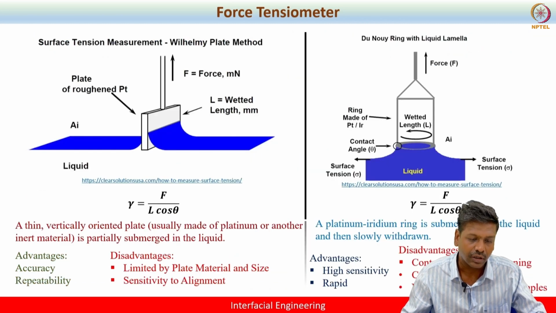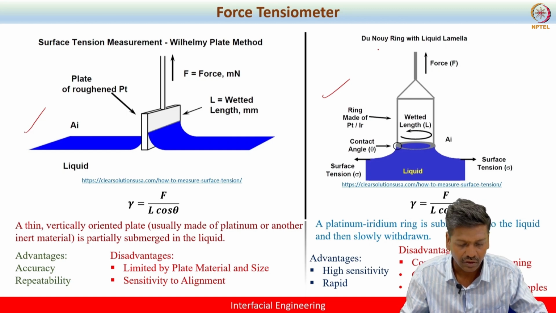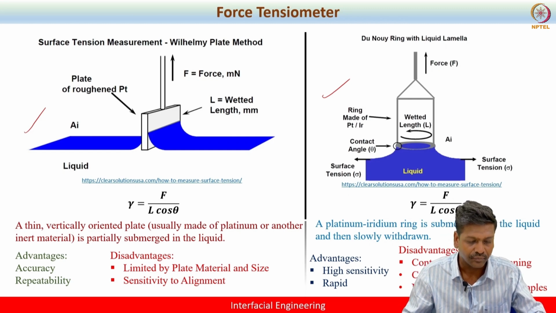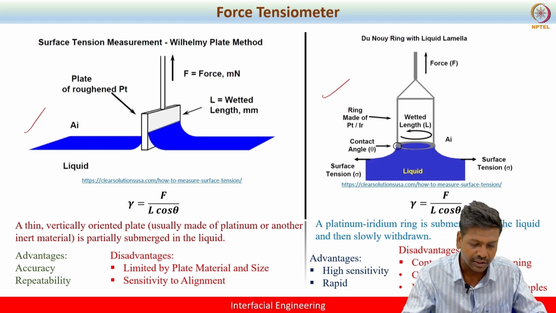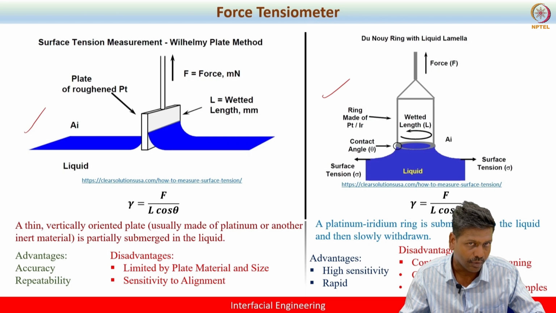We have the schematic of these two methods, the Wilhelmy plate method and the Du Noüy ring method, shown here. As you know, the working principles of these two methods are similar. What is different is the geometry.